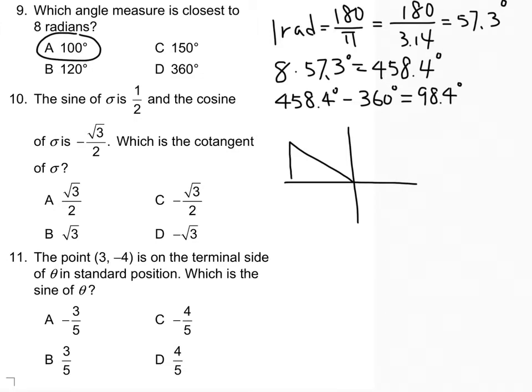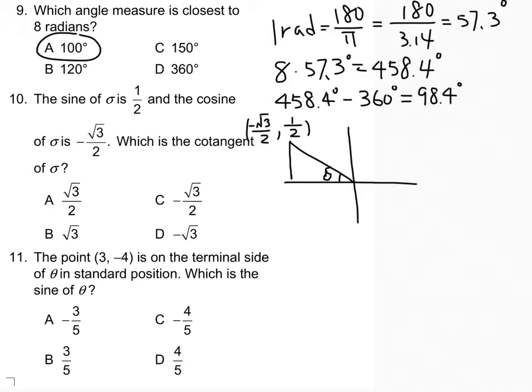So they both happen in the second quadrant. So when sine equals 1/2, that's where it is. Sine is always your y value and cosine is always your x value. Cosine is negative in the second quadrant, sine is positive in the second quadrant.